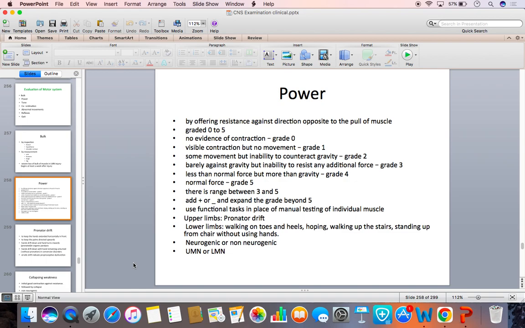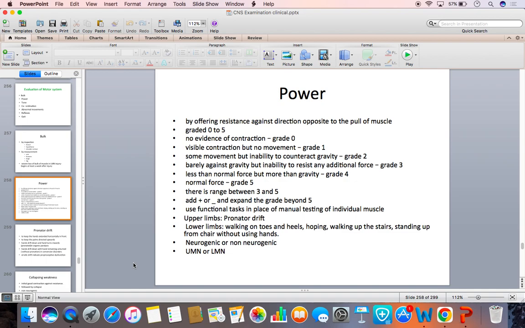Okay, and there are ranges between 3 to 5, but you can add a plus if the power is beyond 5. Because if there is a robust person with a muscular body and the person who is assessing the power is thin, in such occasions it is difficult to assess the power of the muscle, and it varies with the build of the individual, right?